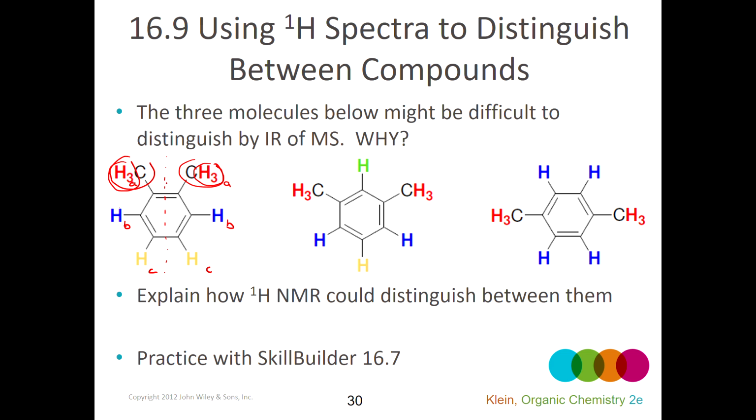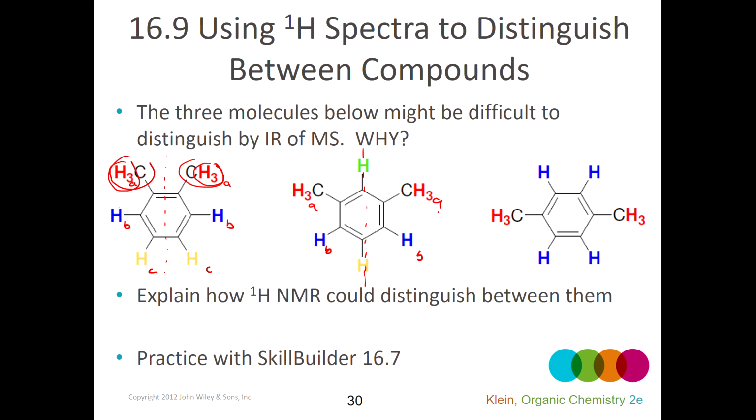And that would be pretty different in the NMR versus these other two, because over here, when I have these methyl groups 3 carbons away instead of on adjacent carbons, there's still some symmetry, because rotationally or by mirror plane symmetry, these would be equivalent, these would be equivalent.